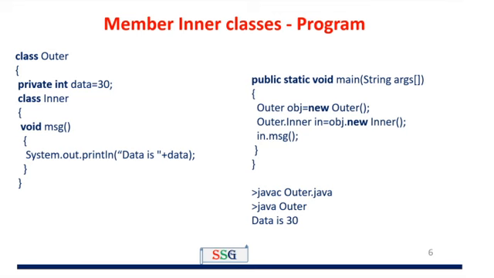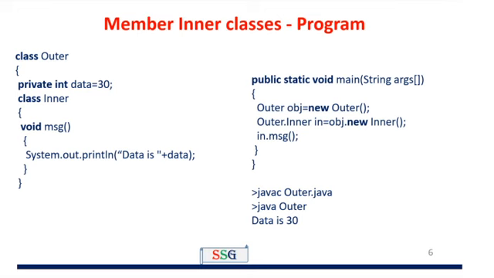To create the inner class object, the syntax is: outer class name dot inner class name, space, object name, equal to outer class object dot new inner class name, open bracket, close bracket. Then next you call the message, that is in.msg. Now the control transfers to the msg function and displays the message: data is 30. That is an example for the member inner classes.